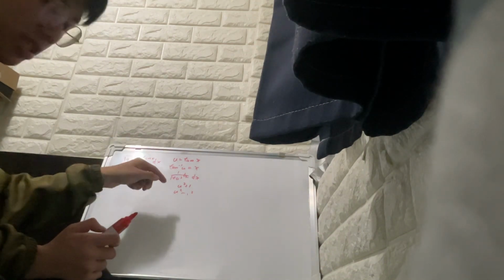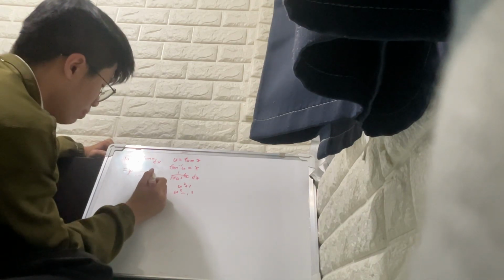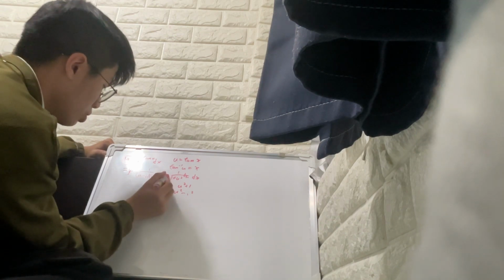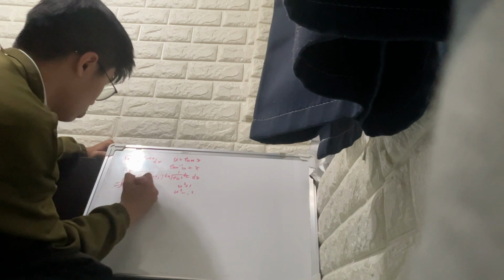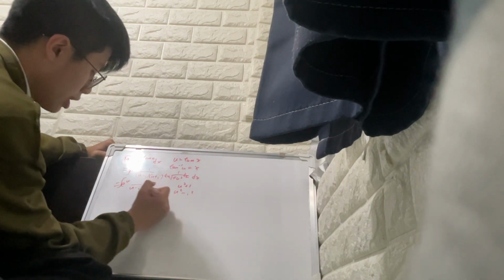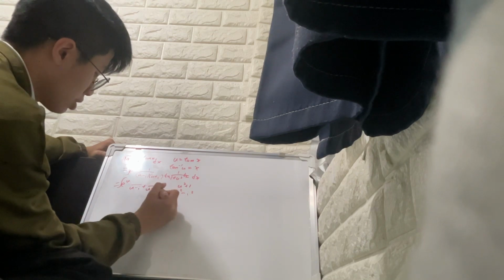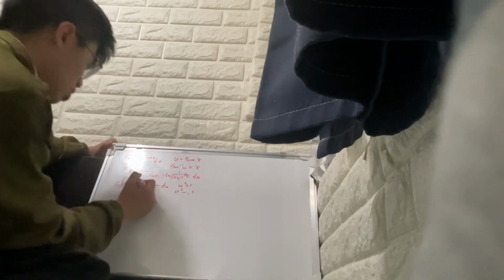U squared minus i squared is just a minus b times a plus b, so u minus i multiplied by u plus i, du. And then here, this is a partial fraction: A over u minus i plus B over u plus i, du.